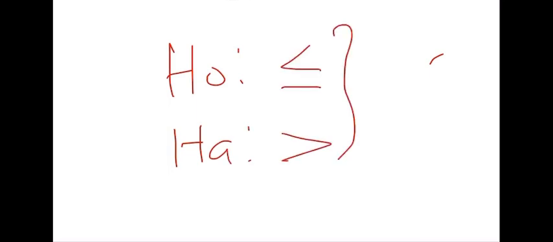If the alternative is this, they put this for you to know that they are complementing each other. That is just the essence. It's just for complement. But in the actual sense, the null hypothesis is a hypothesis of no effects. It should have the equality sign.